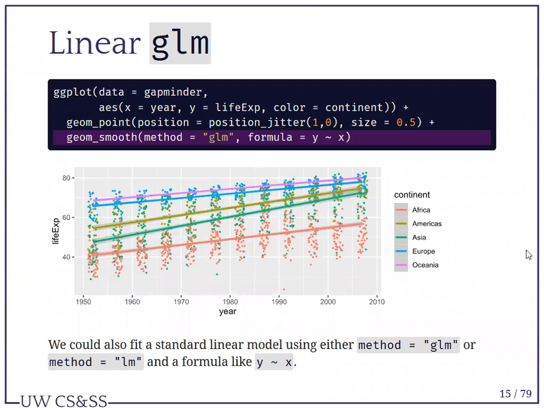One thing that has been available to us thus far is to run a GLM for each of our groups by using method equals GLM in geom smooth and specifying the formula, which again is bivariate. We only have our outcome, life expectancy, and our covariate, year. And with this method, we'll get a straight line through each of our groups.